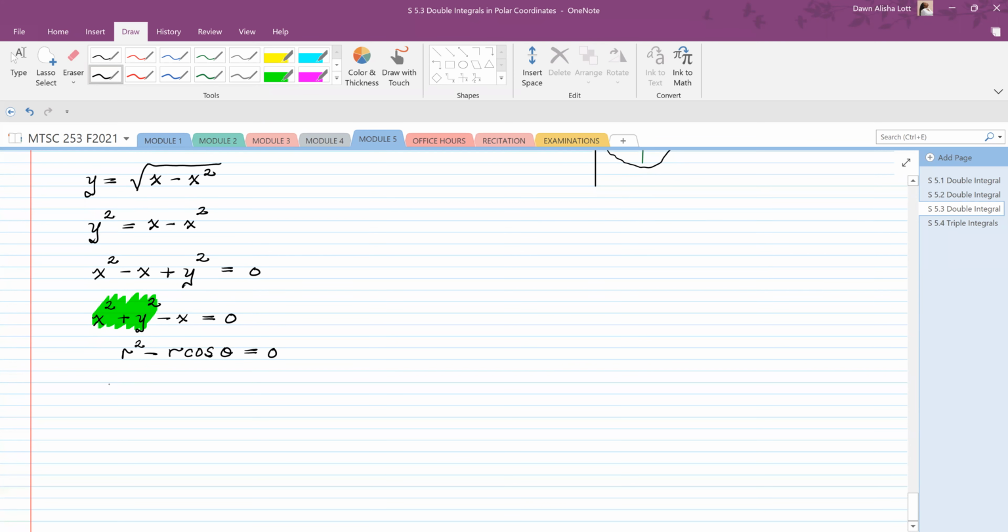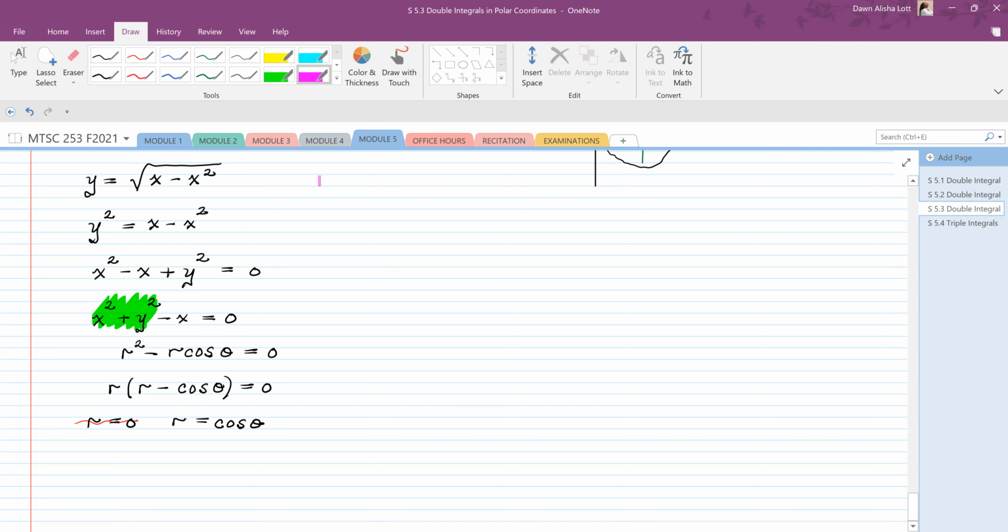So that says r times r minus cosine theta is equal to 0. So either r equals 0, which is something we're not going to deal with because that's a point, or r is equal to cosine theta. And so these two curves match.